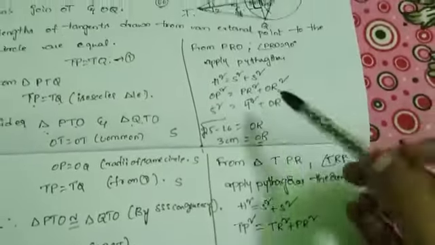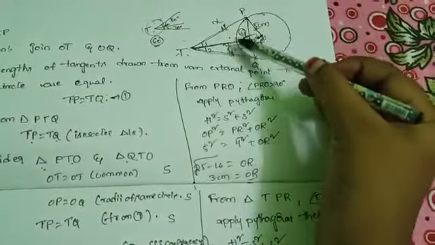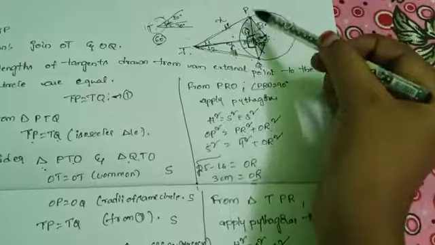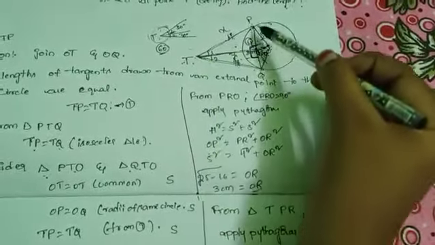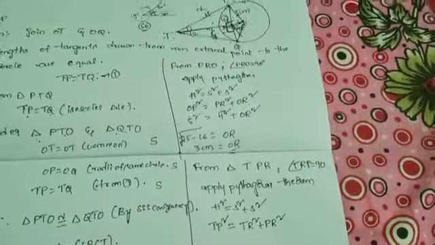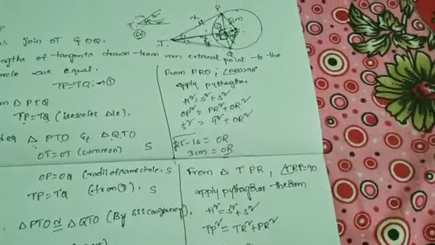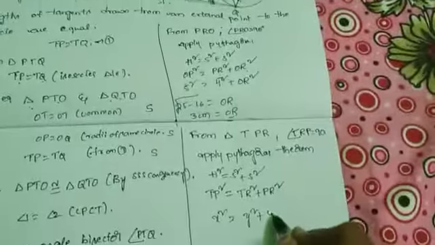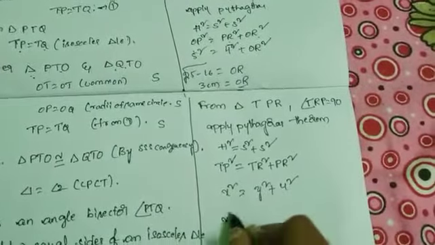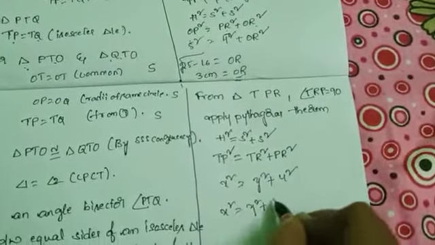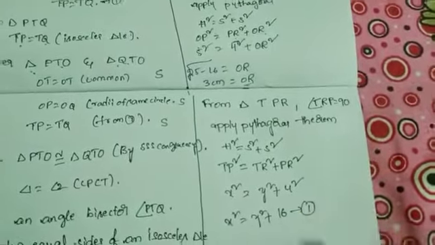TP square equal to TR square plus PR square. TP equal to X, TR equal to Y, PR equal to 4. Therefore, X square equal to Y square plus 4 square, which is 16. Let this be equation 1.